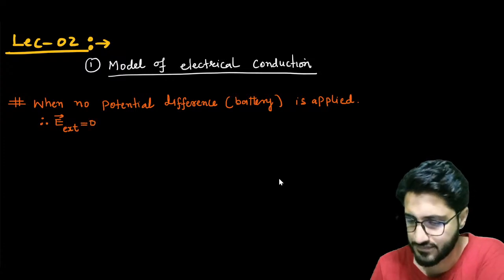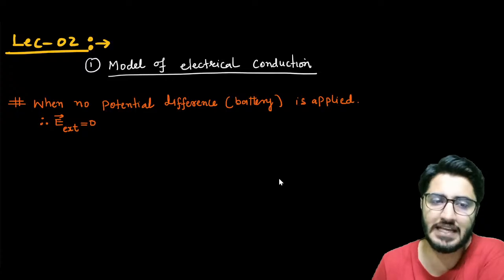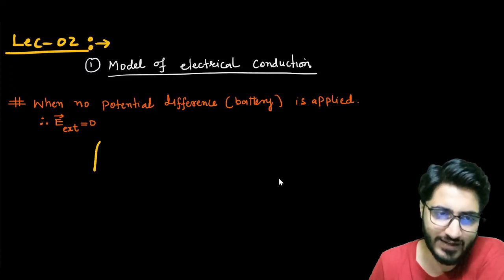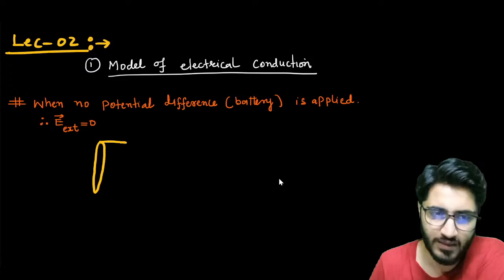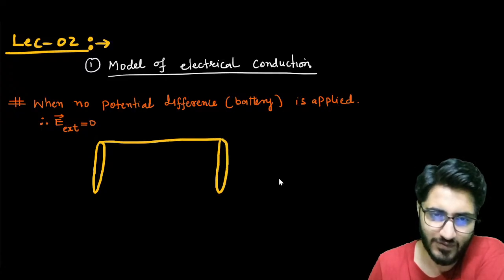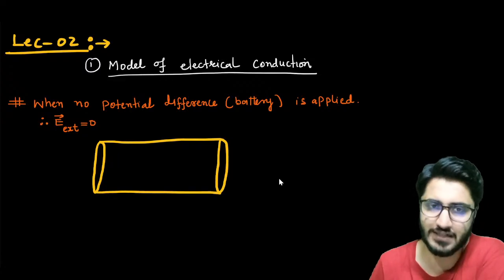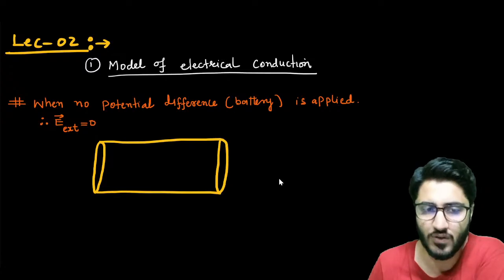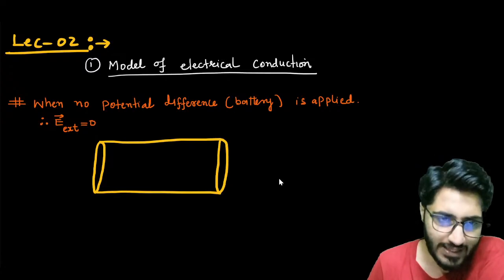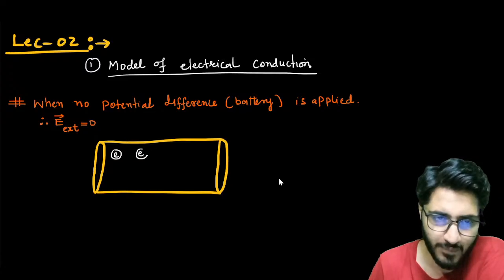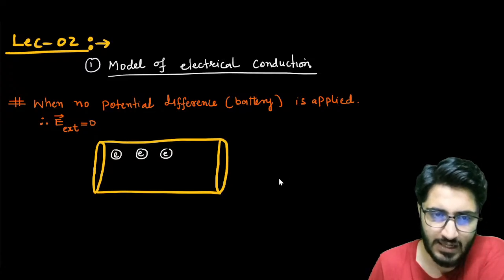Now look at how to maintain it. If we have a conductor, this is my conductor. If this figure is a conductor, that means in this diagram my electrons are available.